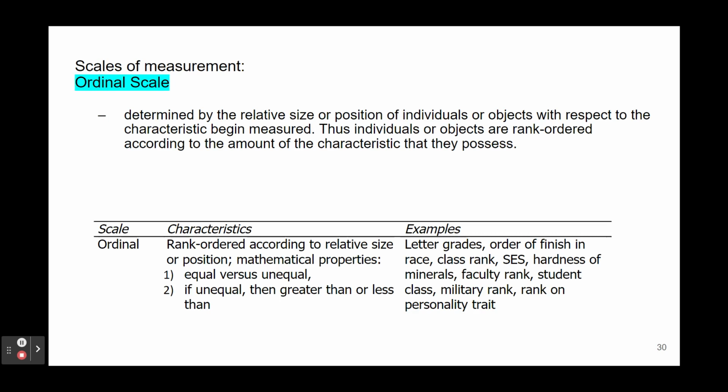Ordinal is where we assign numbers, but the numbers represent ordinality. 1, 2, 3, 4, 5. Oh, 5 is best, or 1 is best. Directionality is not important, but the numbers increasing represent some characteristic order. Are you with me? So grade is what? A as 4, B as 3, and C as 2, right?